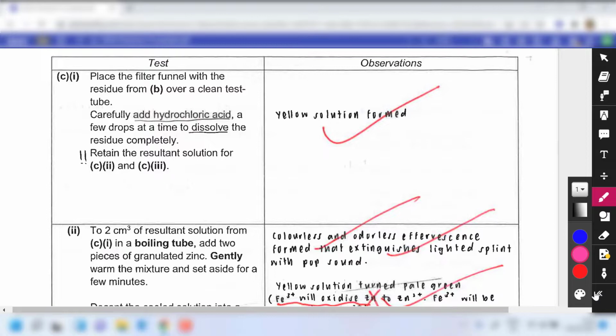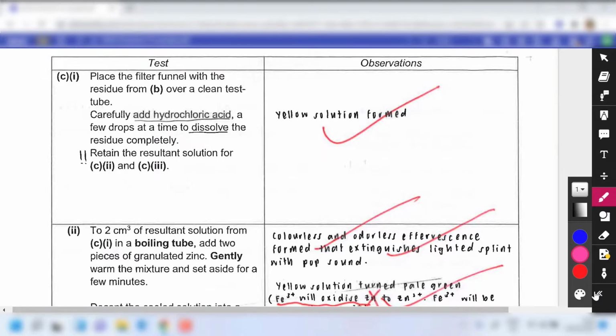So if you recall, for 1C, you do see that the residue is reddish brown in color. That is a very clear indication that the residue contains iron 3 hydroxide.